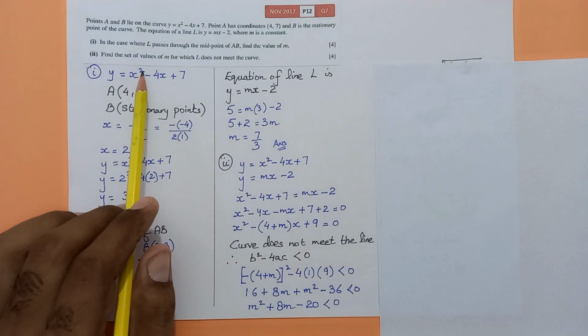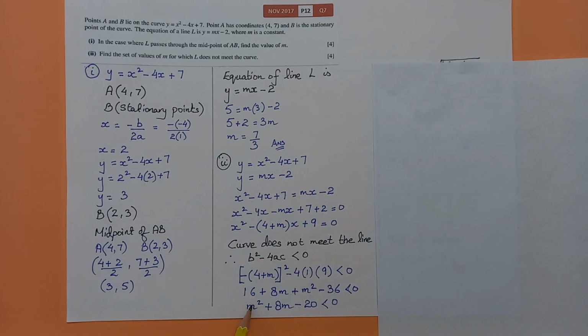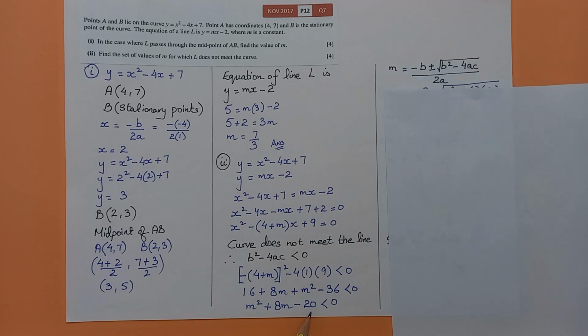The question said to find the set of values of m, and we have a quadratic equation in m, so whatever set of values comes would be the values of m. First of all, use the quadratic formula to get the x-intercepts, which here are represented by the variable m.